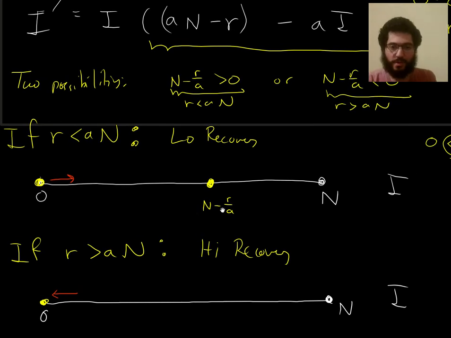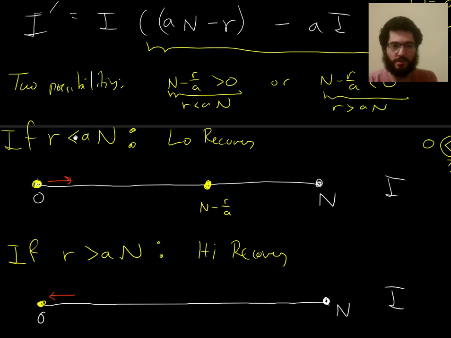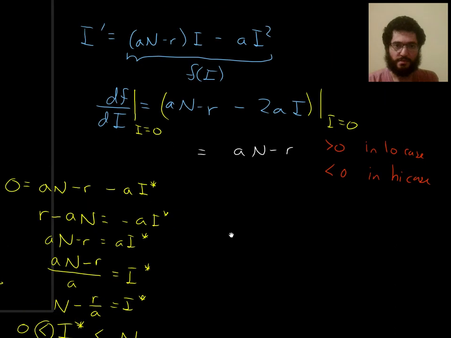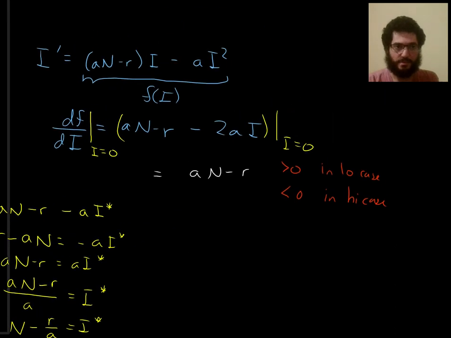All right, and what about this one? This one I only care about in the low recovery situation. So let's assume that r is less than an. Then go back here, and let me take our derivative expression here. And this time I will evaluate at I equals whatever that value was.